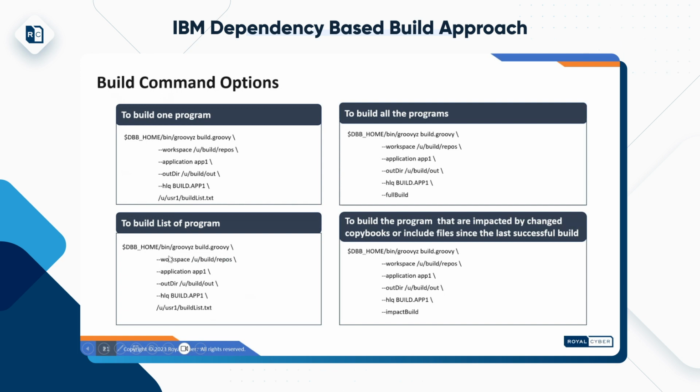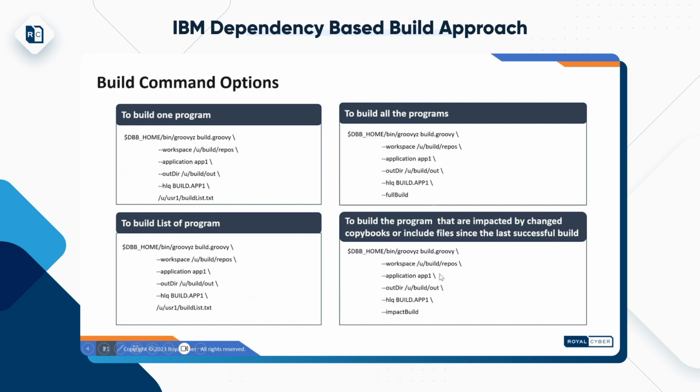In case I have a list of programs, you can keep the list in a text file, with multiple programs which you want to compile, and pass it as an argument. If you want to build the complete application, here is your application name, and you can use a full build. The full build command is going to compile your complete application, and once it is invoked, you can see the build results when this completes.